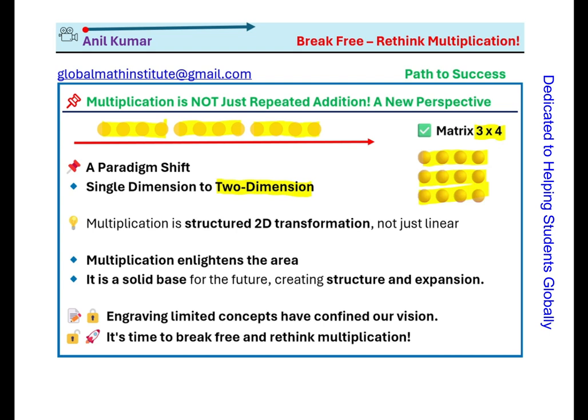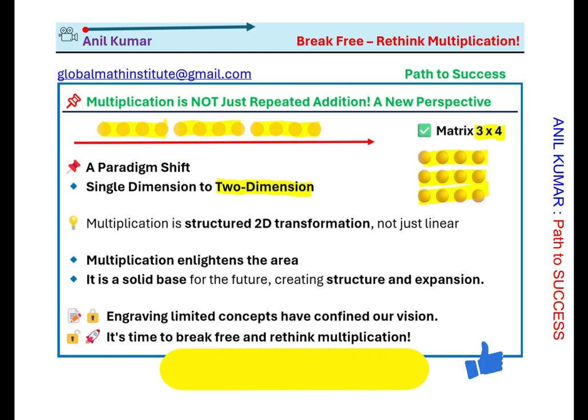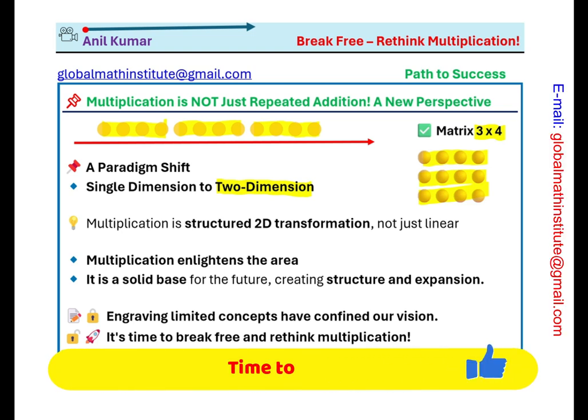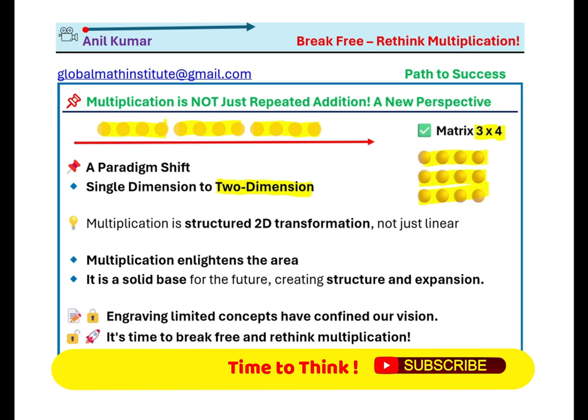So as soon as you extend your thinking and vision from that linear part to area part, you can see the enlightenment of the area, which opens up so many things for you. Now you can actually model many real life situations. Correct. So the idea here is we have been engraved with the concept of repeated addition, which confined our vision.